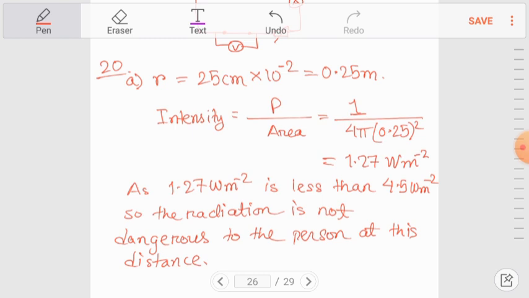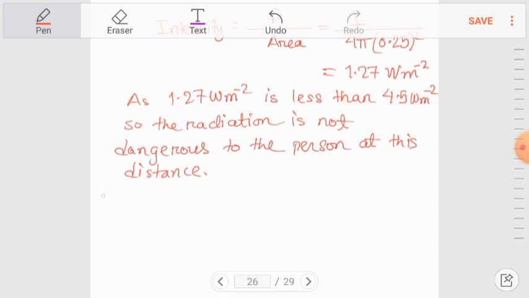So we need to find the value for the energy per photon in electron volts. We can find it by using the equation E equals hf divided by the charge of an electron, which is 1.6 into 10 to the power negative 19.